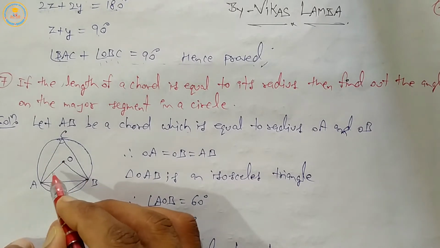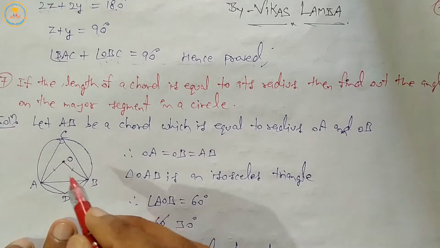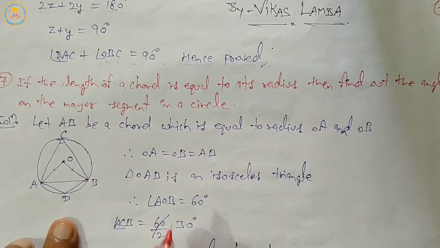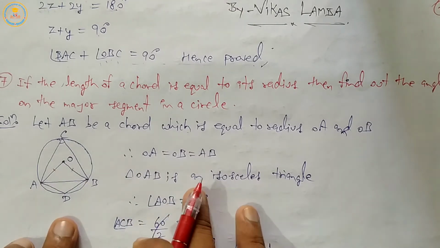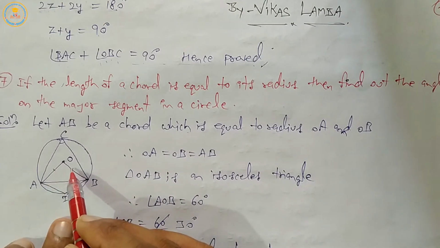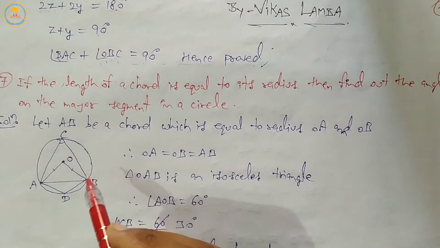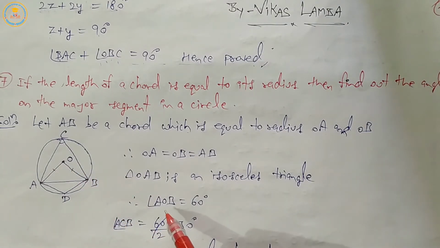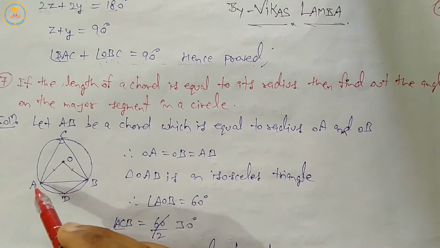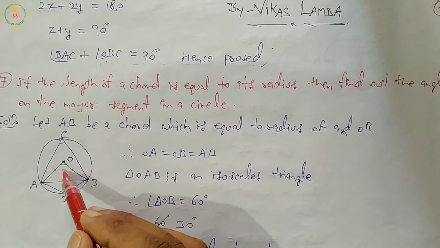Because OA equals OB, both are radii. Two sides are equal, so their corresponding angles are also equal. Therefore, angle AOB is 60 degrees.